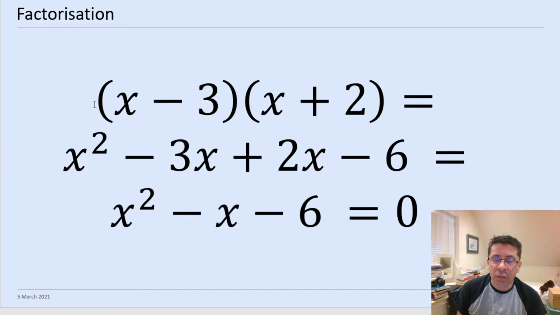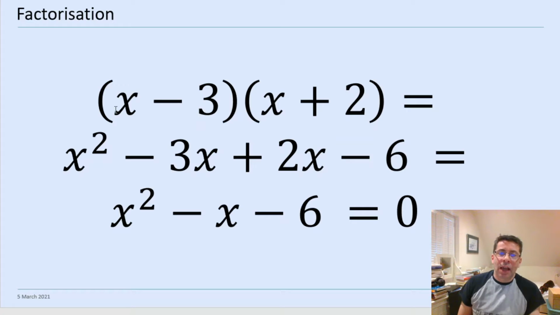So x minus 3 times x plus 2 equals x squared minus x minus 6, because it works like this. We go x times x is x squared. Then minus 3 times x is minus 3x. Then x times 2 is 2x. Then minus 3 times 2 is minus 6.